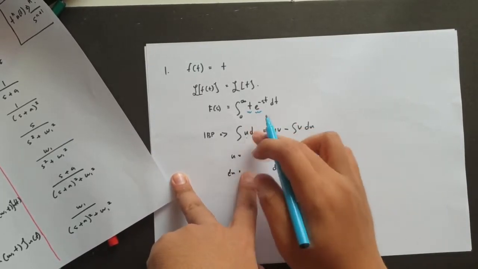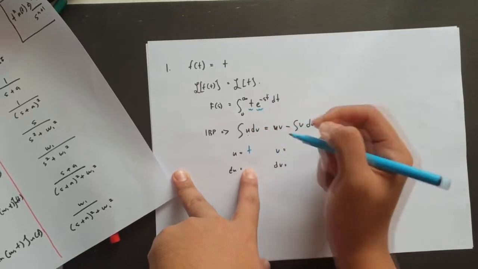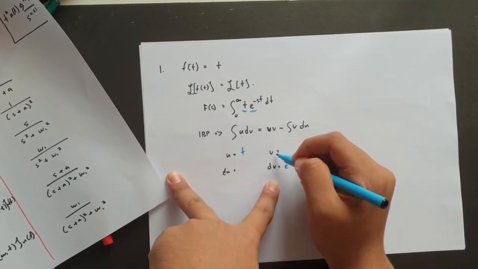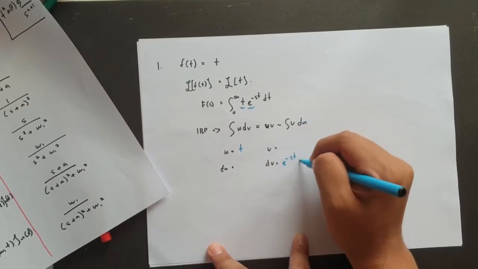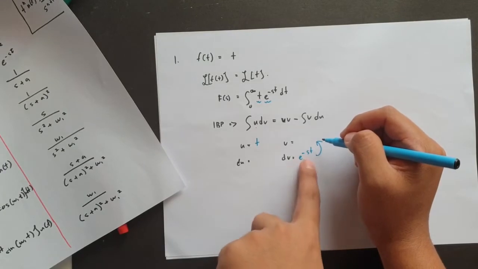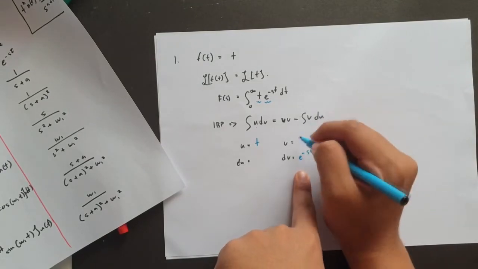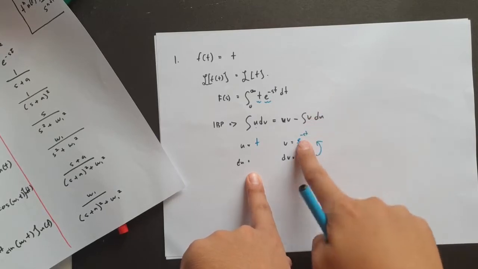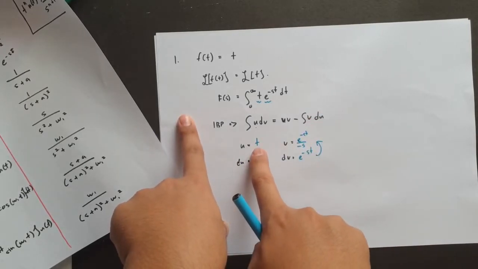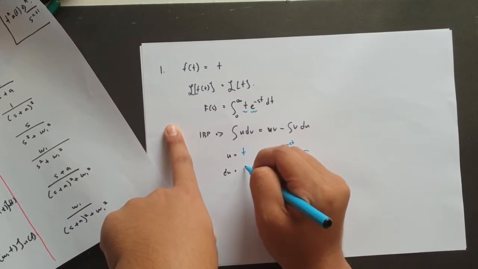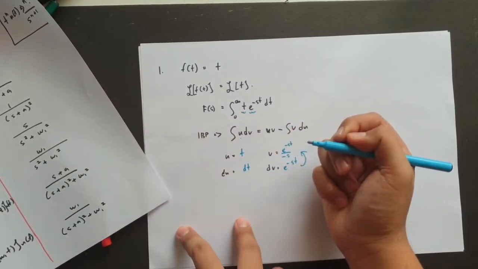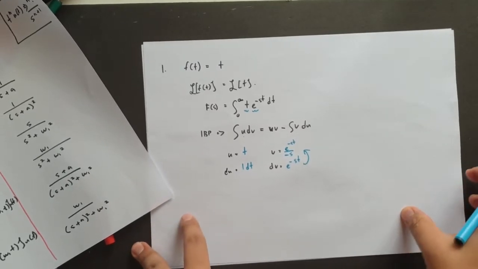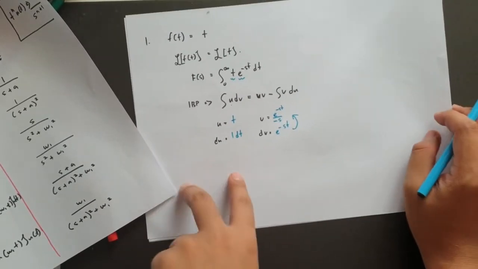Now you already have u equal to t, and dv equal to e to the negative st. To find v, you need to integrate dv, so v is equal to e to the negative st over negative s. For u equal to t, you differentiate t, so du equals 1 times dt.